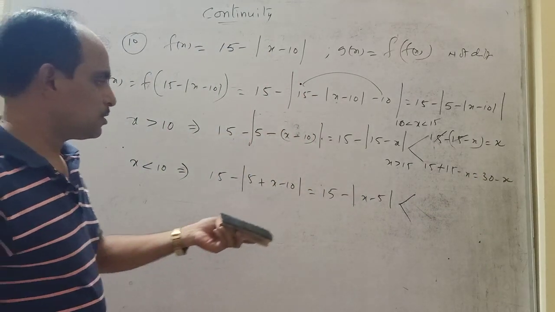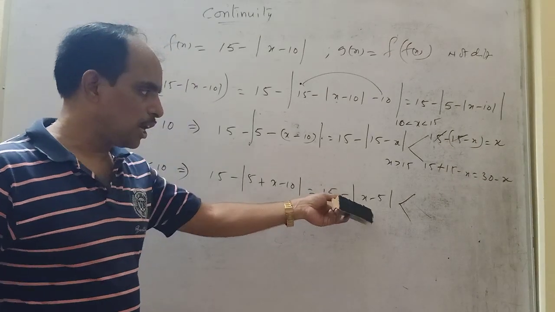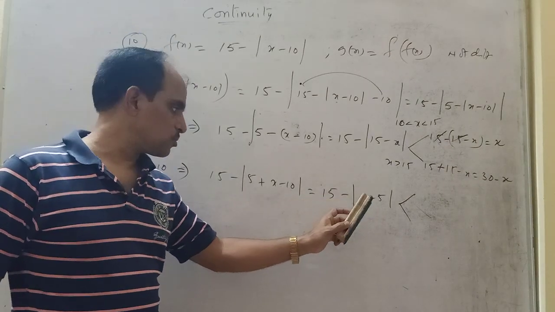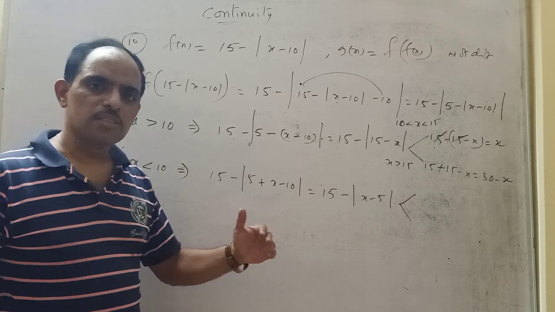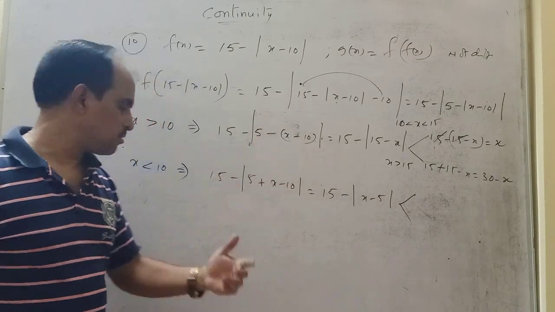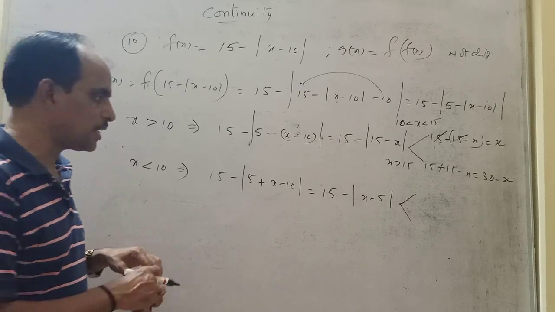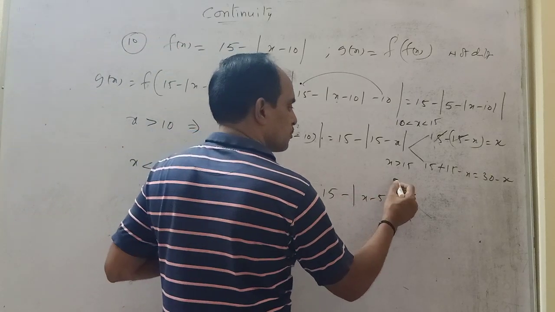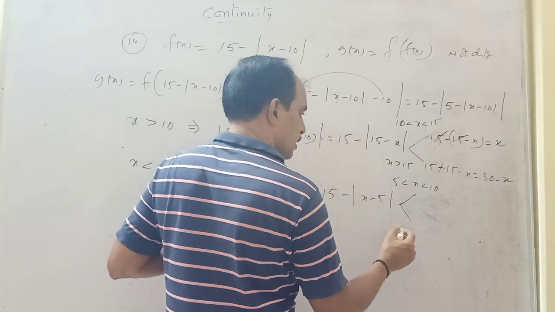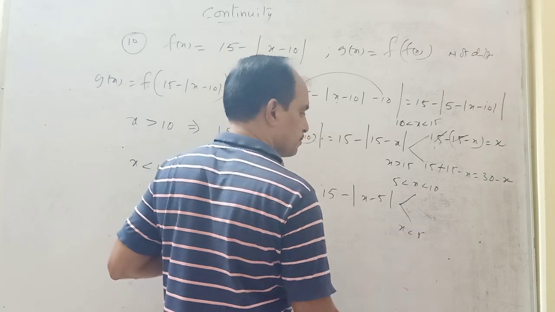Okay. Now we have to consider two cases here also. Modulus of x - 5 means x greater than 5 and x less than 5, but I am taking x less than 10, so that is 5 to 10 and less than 5.